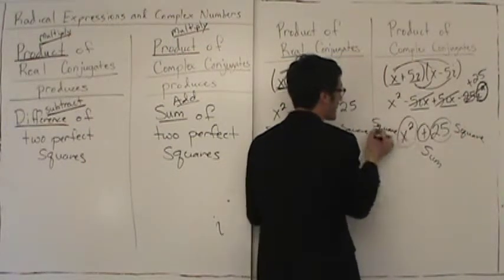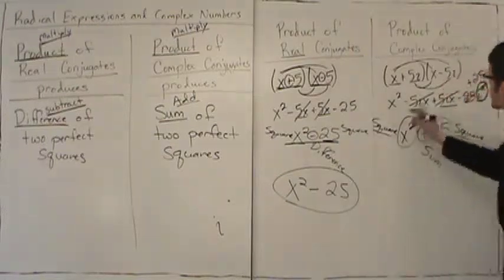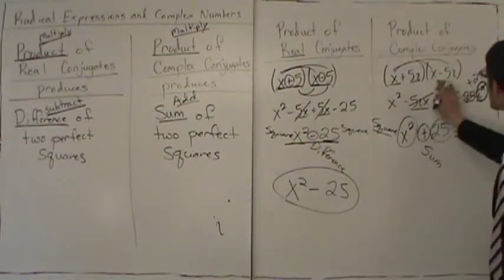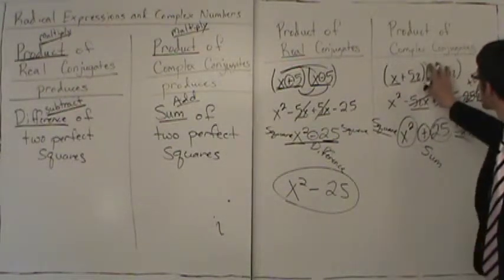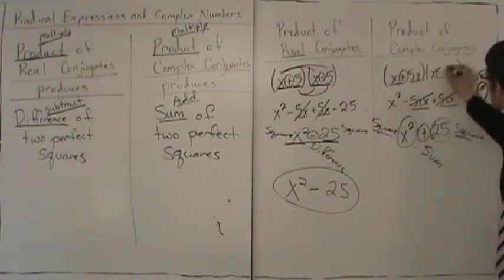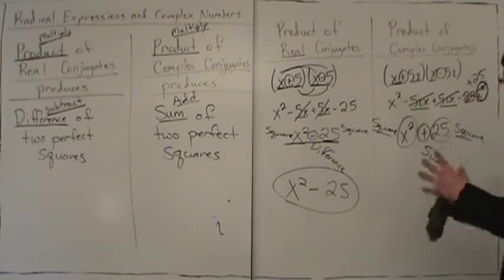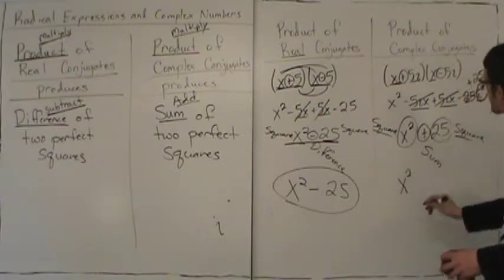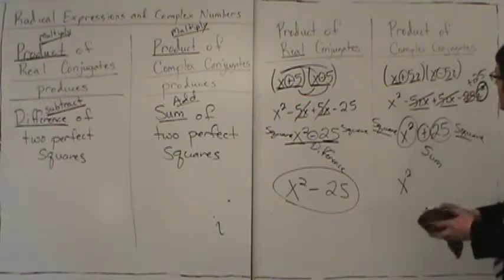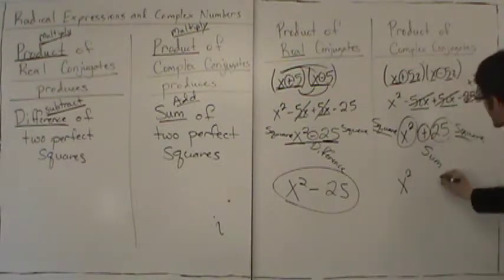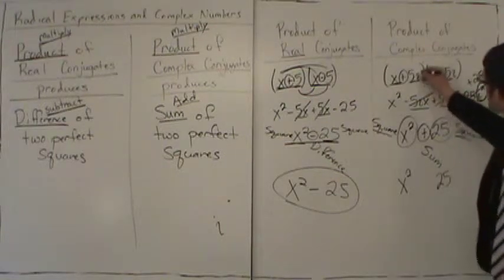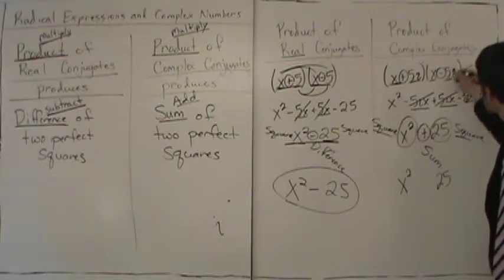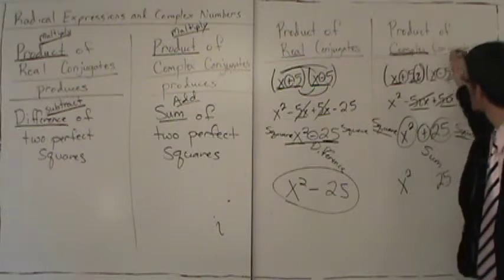So what is our trick? Our trick is that we can just look at the conjugates to begin with. Since these are conjugates, or since they're identical binomials with opposite middle signs, we can just take our x and square it. X times x gives what? X squared. Take our 5 and square it. 5 times 5 is 25. And since we have an I on the end, these are complex conjugates.